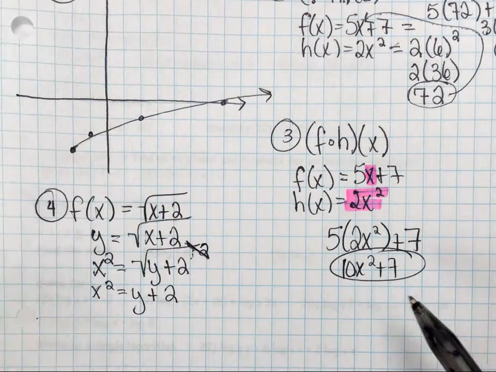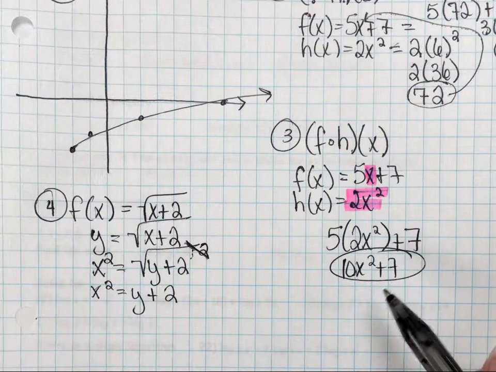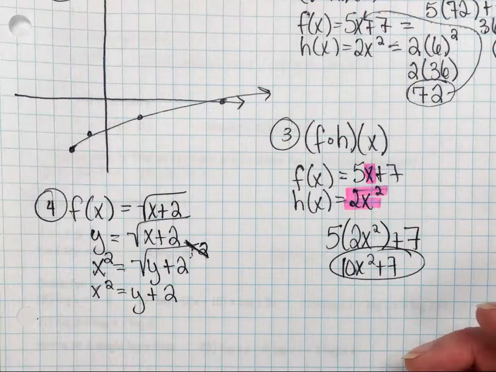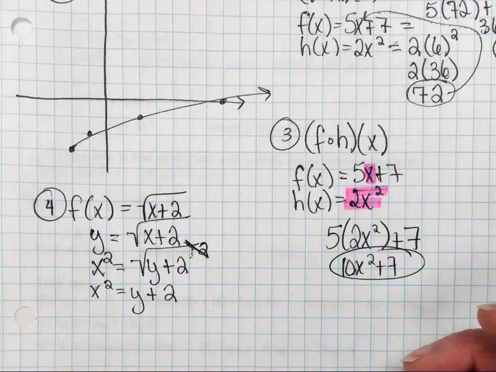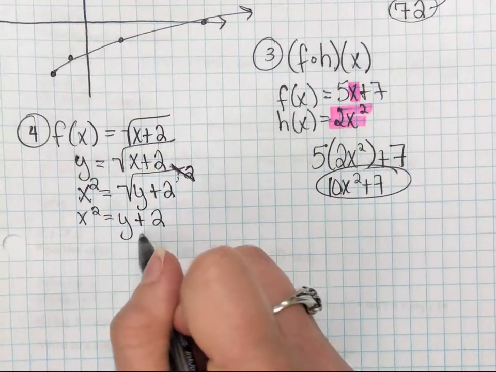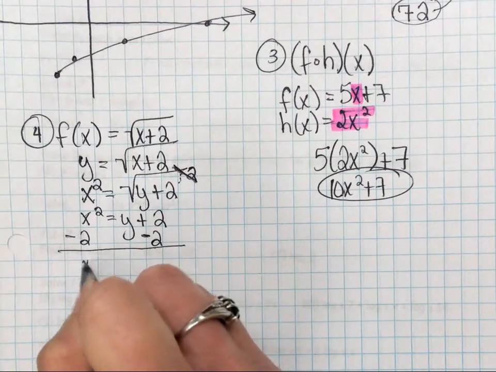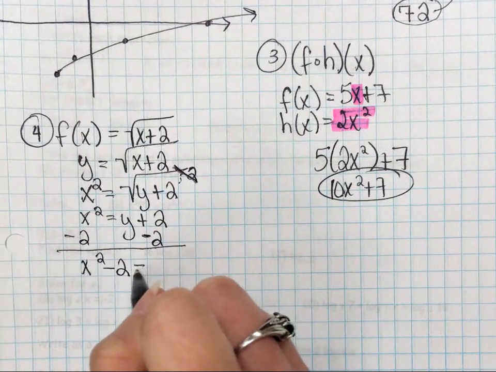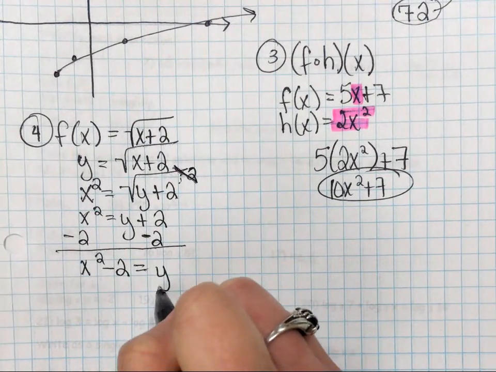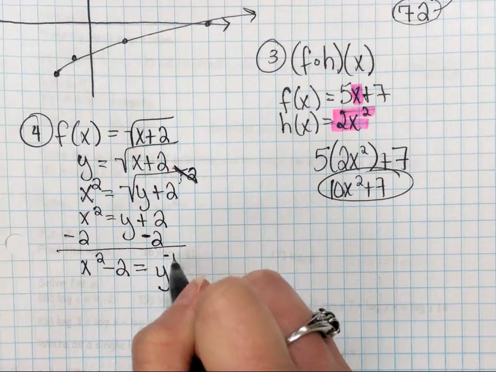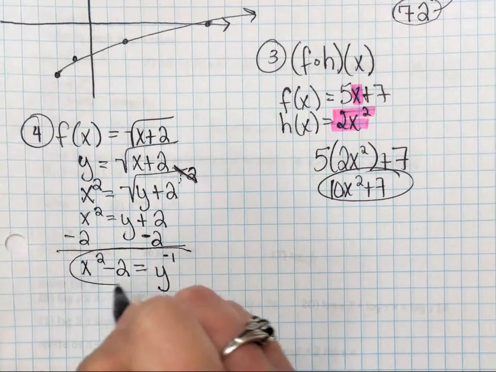One more step. What would I do? Trying to get y by itself. What would I do? Come on, guys. Thank you. You would subtract the 2. And so x squared minus 2 is equal to y. But since we found the inverse, we put that little negative 1 right there.